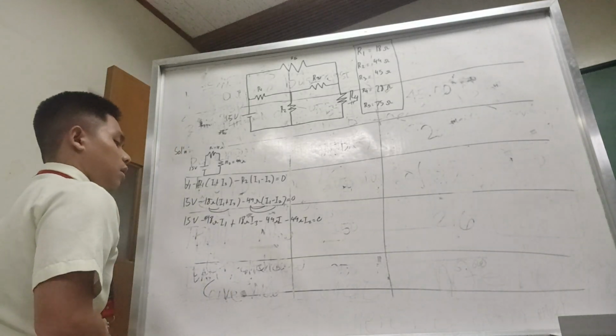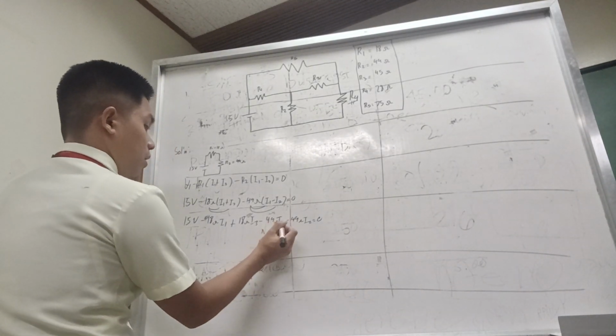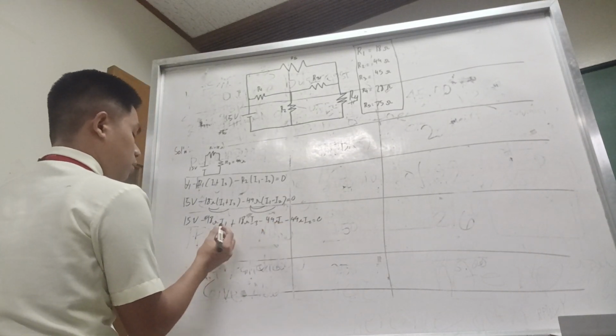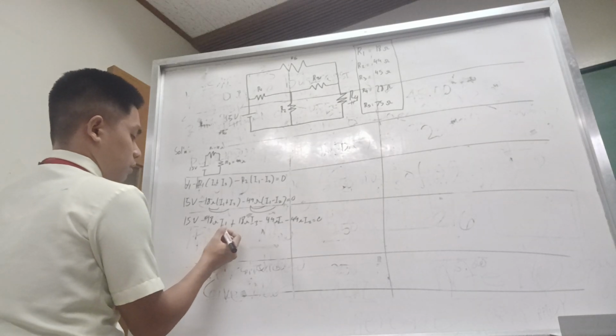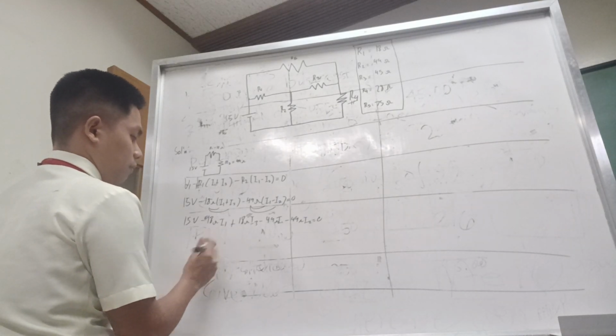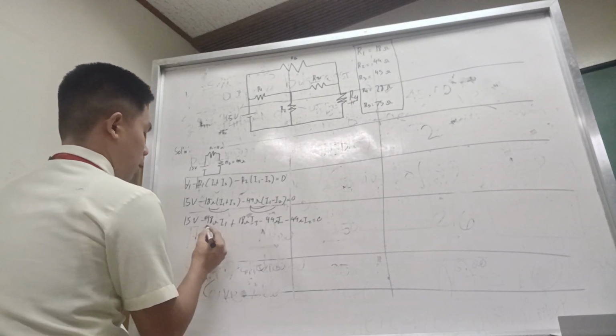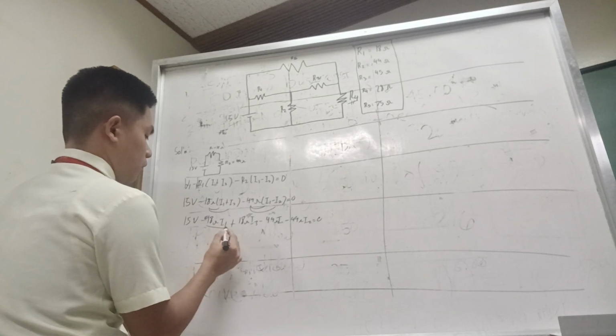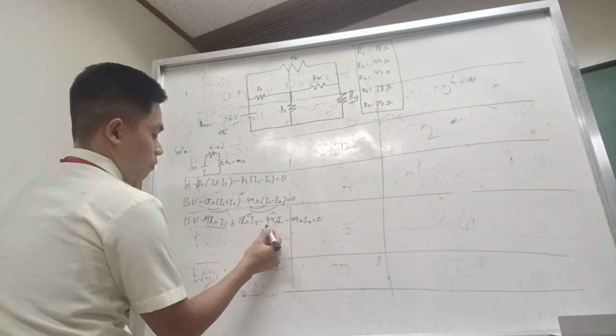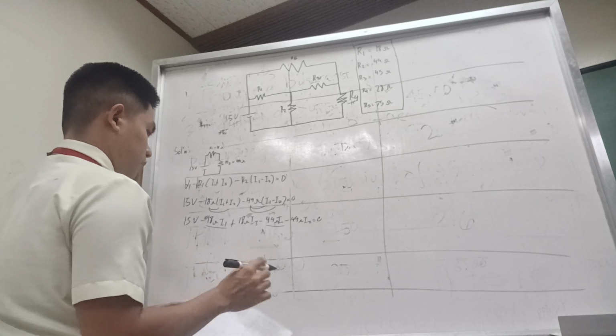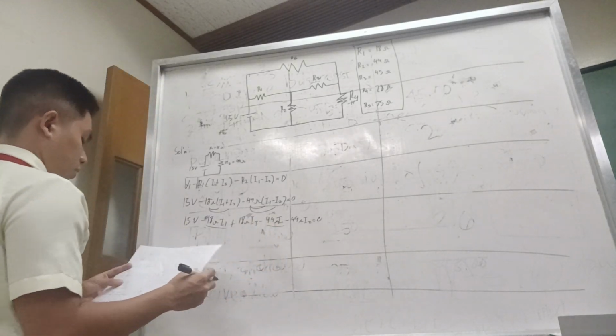So then we need to add all the similar I's. So for these examples, the 18 ohms I1 and 49 ohms I2, we need to add them.